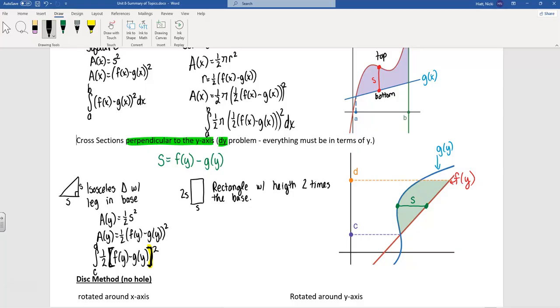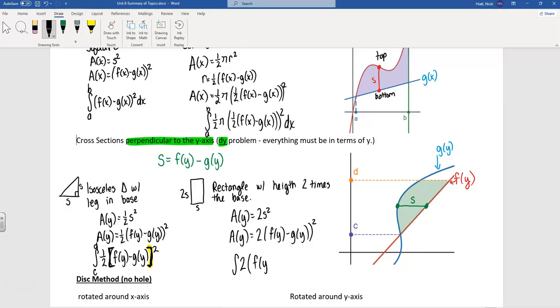And so our A of y would be 2s squared. We'd plug in our s, f of y minus g of y, squared. And then to get volume, we would integrate that formula.